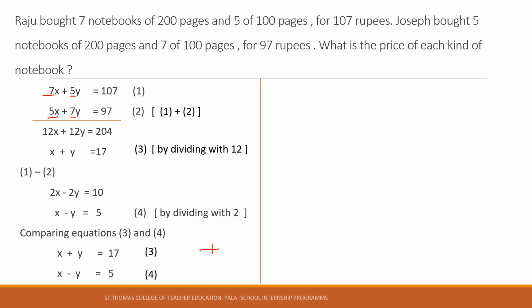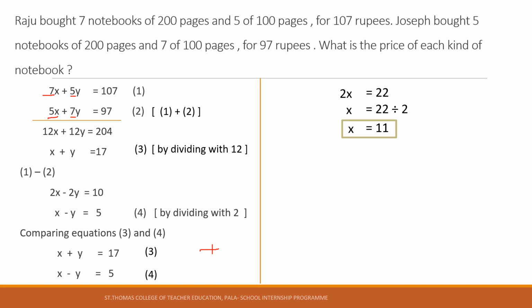So, what is the remaining? Good. 2x equal to 22. Then what is x? 22 divided by 2. It's 11. So, we got the value of x as 11.